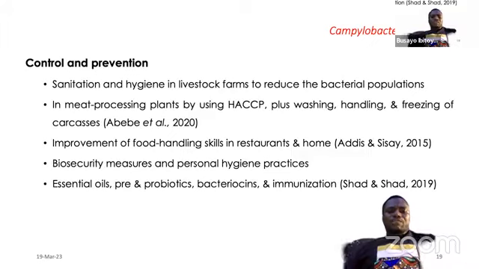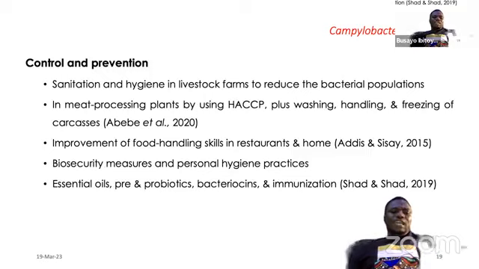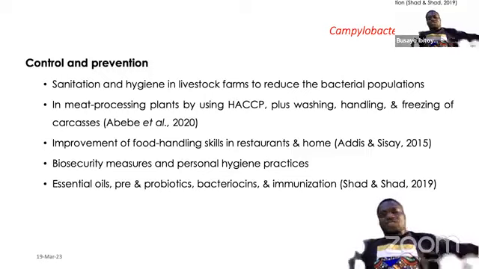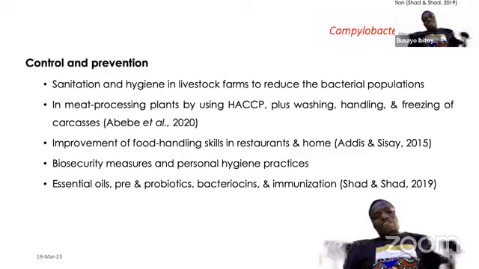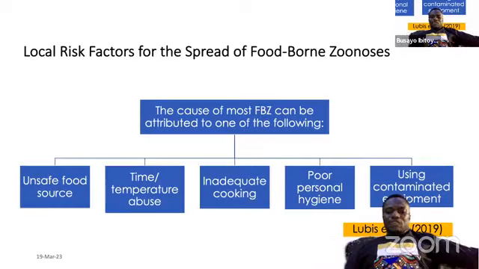Security measures and personal hygiene should be taken very seriously if you are to control Campylobacteriosis and other foodborne illnesses. Also, the utilization of essential oils, prebiotics, probiotics, bacteriocins, and immunization can go a long way to control and prevent Campylobacteriosis in humans.